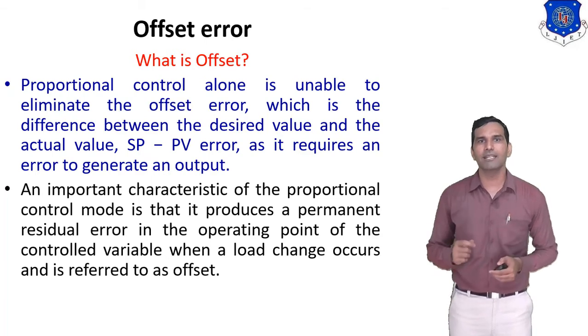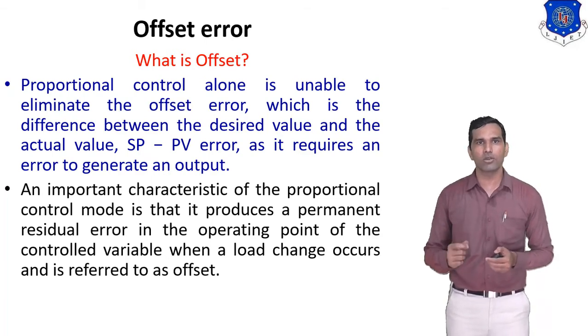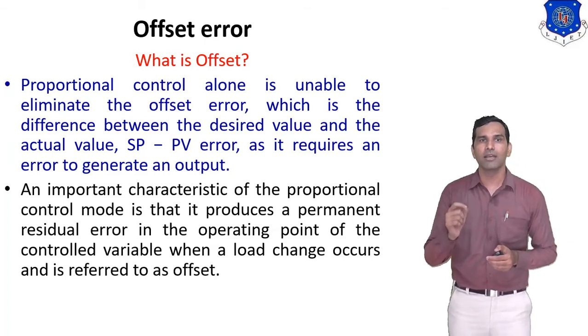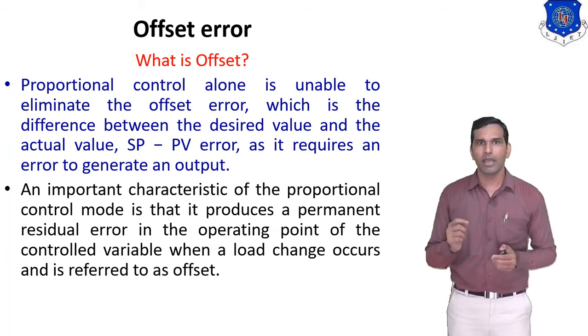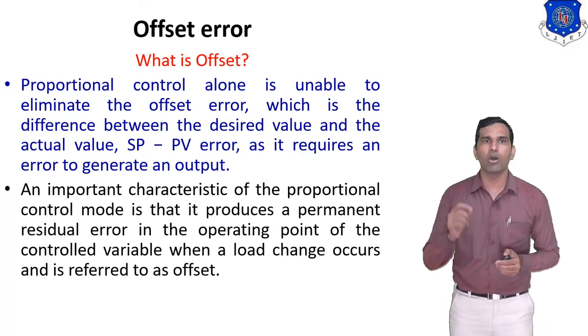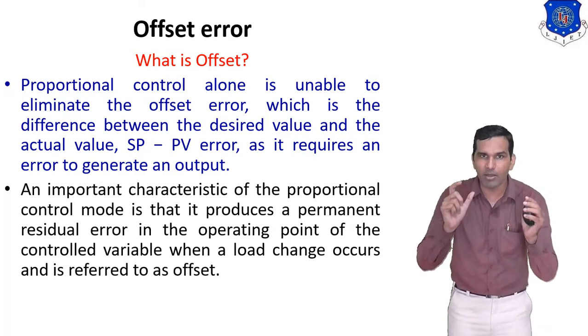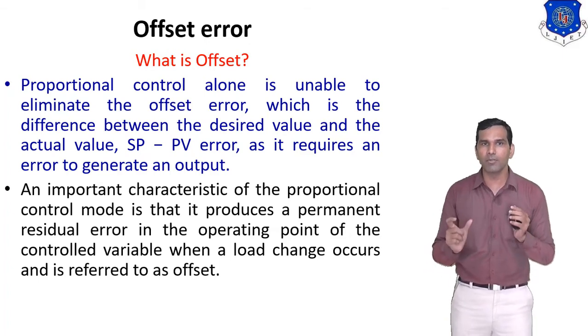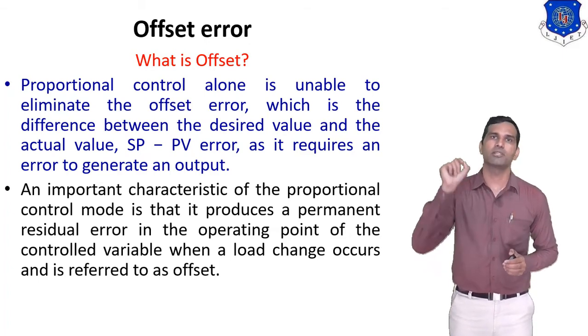An important characteristic of the proportional control mode is that it produces a permanent residual error in the operating point of the control variable when a load change occurs, and this is referred to as offset.